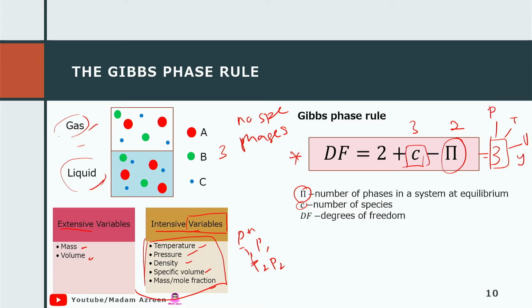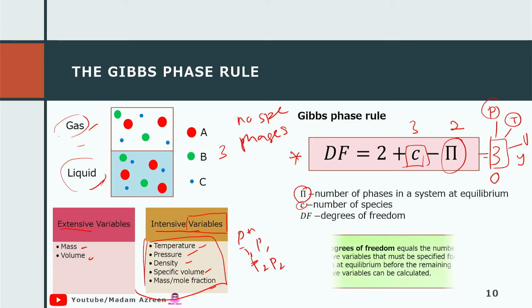Okay, if the degree of freedom is equal to 0, meaning to say you don't have to specify anything, or everything is already given in the equation. Okay, later on we see how to apply this.